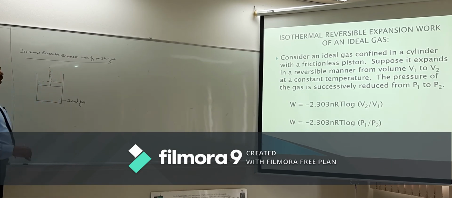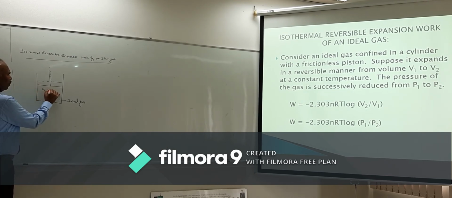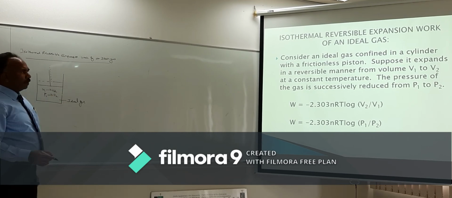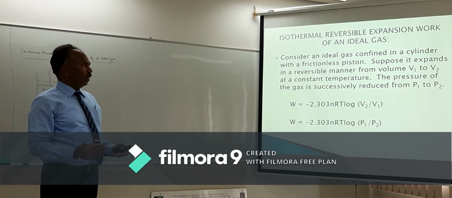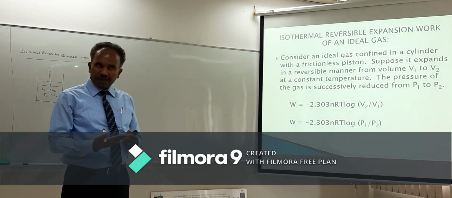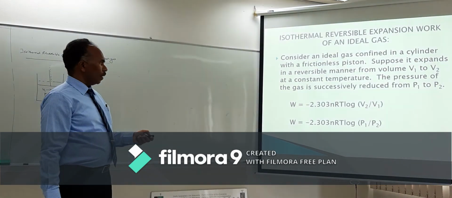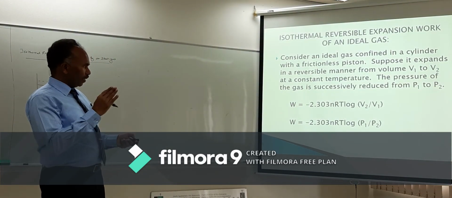So what happens? The volume changes from V1 to V2. The pressure also reduces from P1 to P2. Why? Because it expands reversibly. So volume changes and pressure also changes.